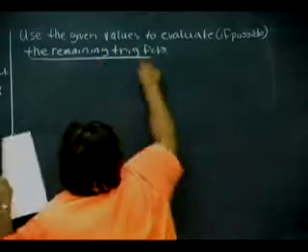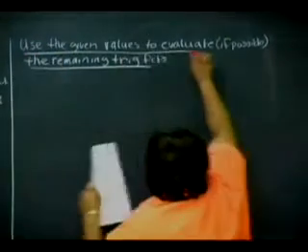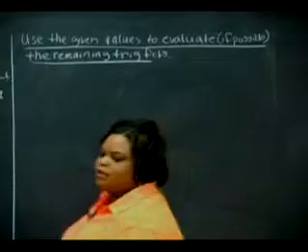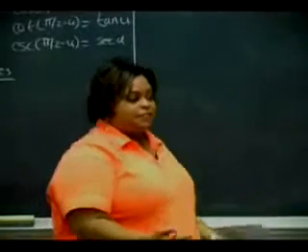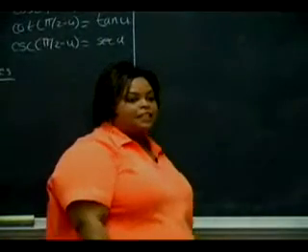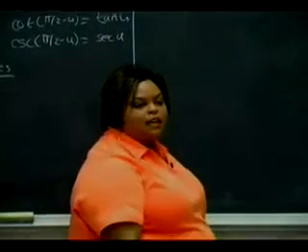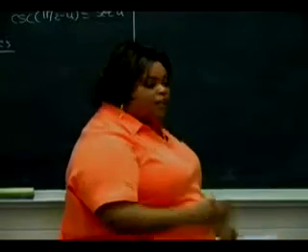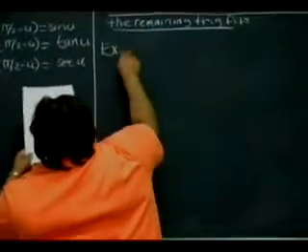So why is that "if possible" there? Because we know some trigonometric functions are not defined. Like, you know, tangent is not defined when cosine u is 0. So if possible. So our first example.